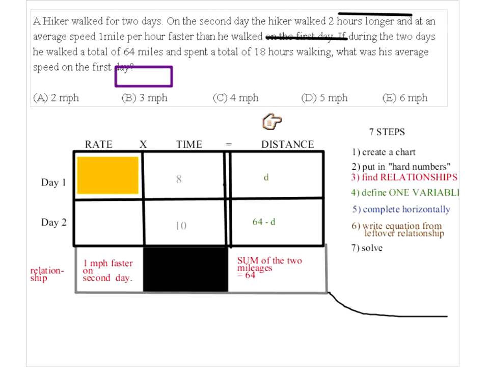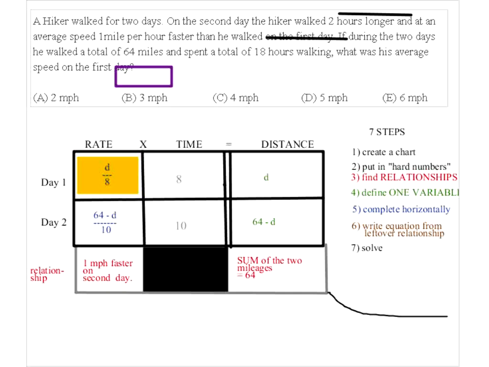Then think about what you would do if you had a 20 and a 5. You have to divide them. So this is going to be d over 8. And this is going to be 64 minus d, all divided by 10. I mean, it's a little awkward, but it's not horrendous. And if it works, it works.